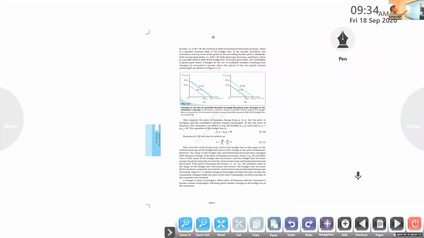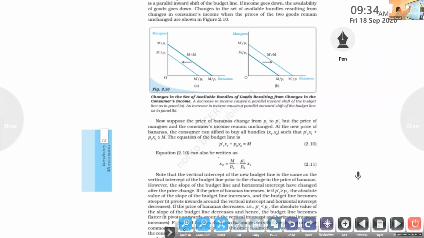Okay, so you can see here, if M dash is greater than M, the vertical as well as the horizontal intercept increase. There is a parallel outward shift of the budget line. You can see the parallel outward shift. So here is the intercept. The second line is M divided by P2, M divided by P1.